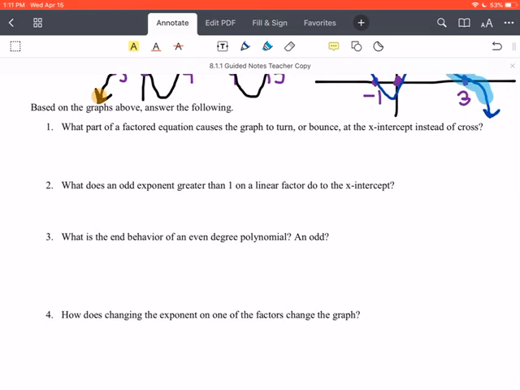So, based on the graphs above, let's answer the following. What part of a factored equation causes the graph to turn or bounce at the x-intercept instead of cross?